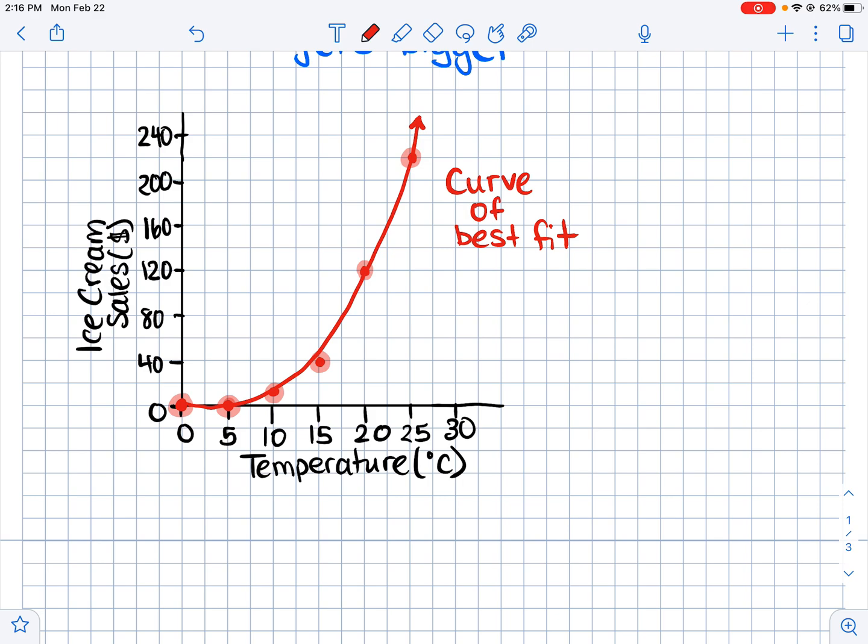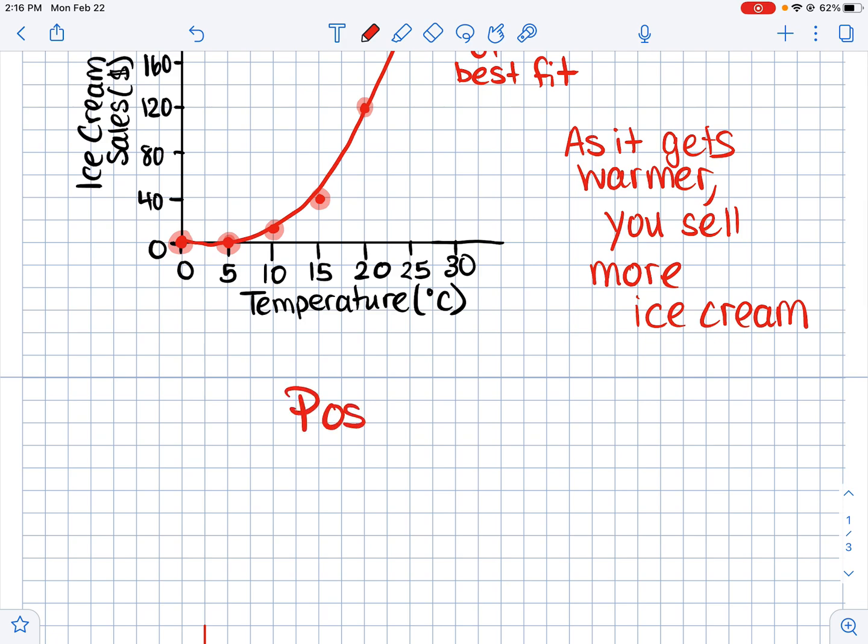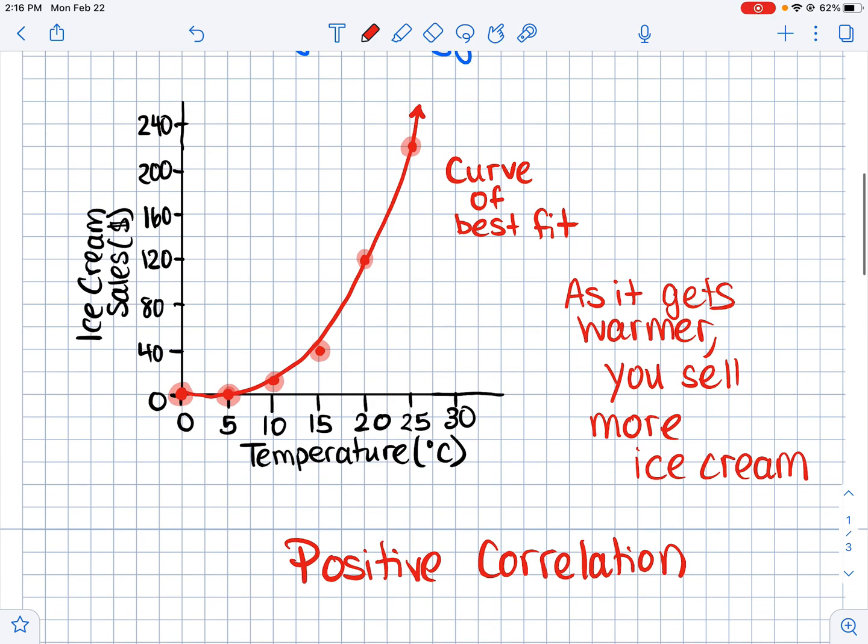So we can see the relationship is as it gets warmer, you sell more ice cream. So that's, again, a positive correlation because it's going up. As the temperature goes up, the ice cream sales go up. So we call it positive correlation.